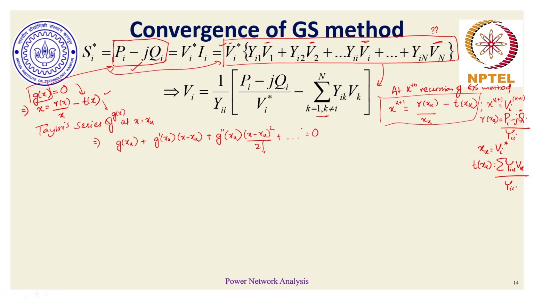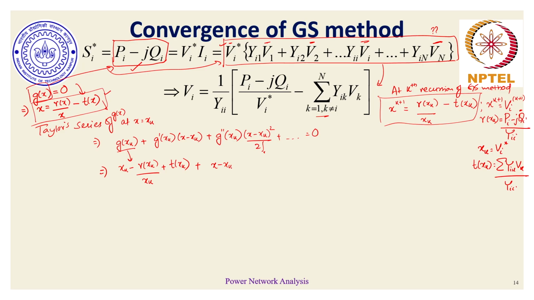For simplicity, if I assume the effect of first and second order terms to be not there, or even if I retain them, I can always rewrite g of x_k as this term, which is equal to 0. So I can substitute this as x_k minus R(x_k) divided by x_k plus T(x_k).